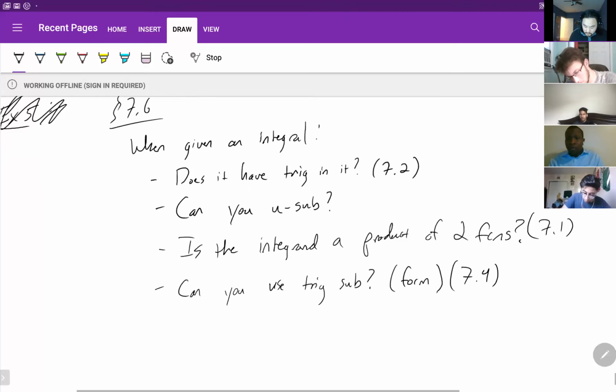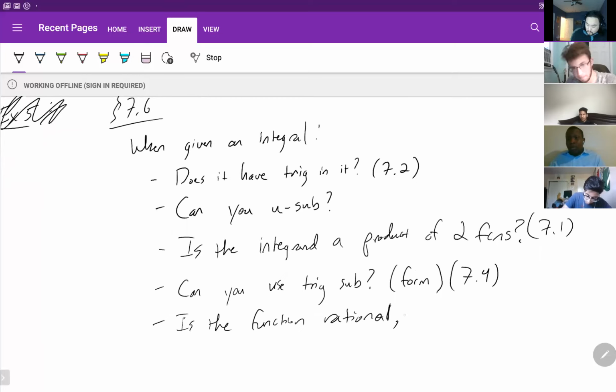And then the last one: is the function rational, and can it be broken down? And this, of course, is what we just learned today, partial fractions.